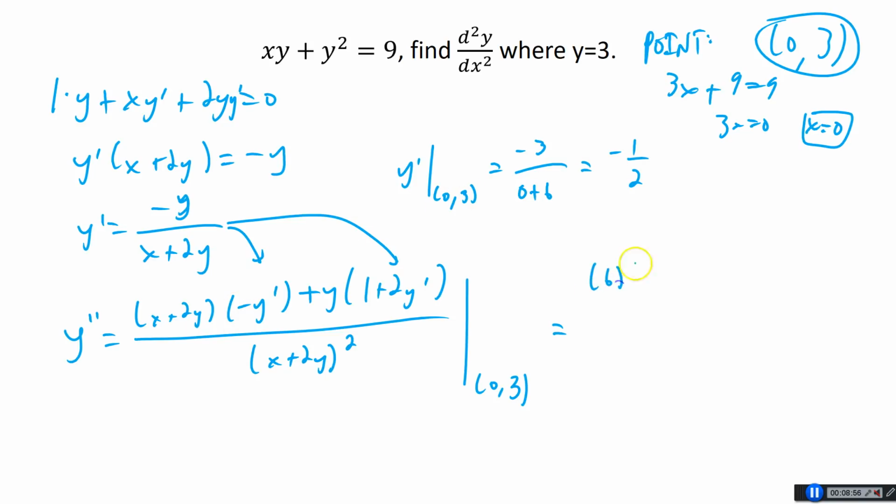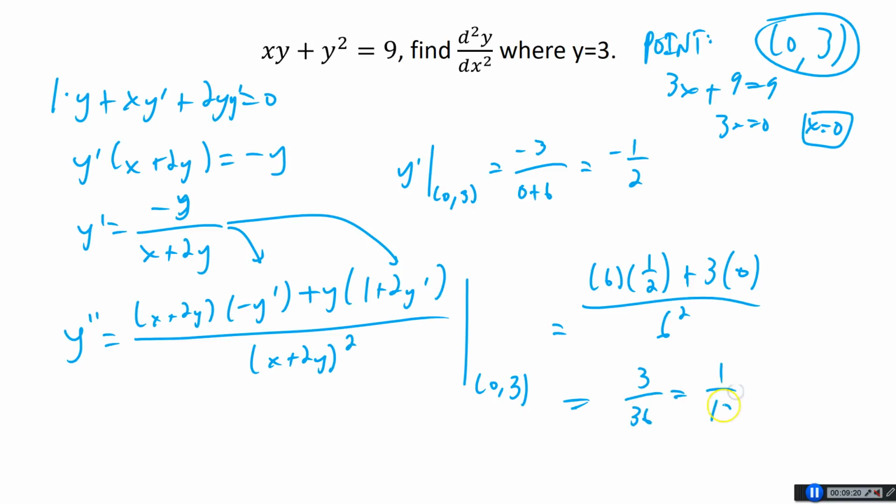We'll have 6 times the opposite of y prime, which is 1/2, plus y, which is 3, times 1 plus 2y prime. 2y prime is a negative 1, so that's 0. Over the square of low, so x is 0, 2y is 6, squared. So it looks like we have 3 out of 36, which reduces to 1/12.